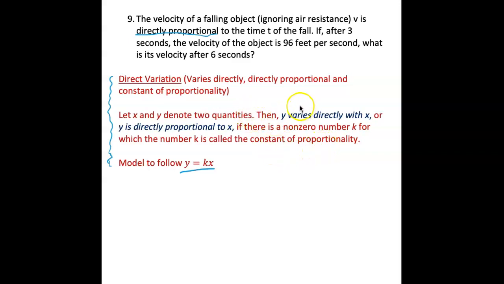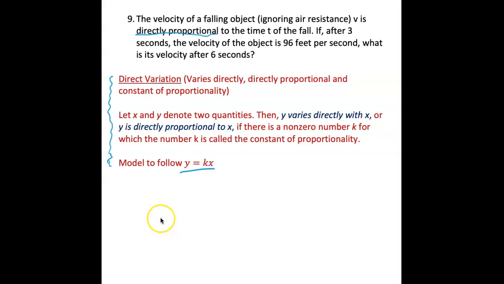Okay, so which one am I dealing with? B is directly proportional. So we're dealing with the second part right here. Y is directly proportional to X. Now the idea of this type of problems is once you know which type of variation you are dealing with, then you want to write your model.